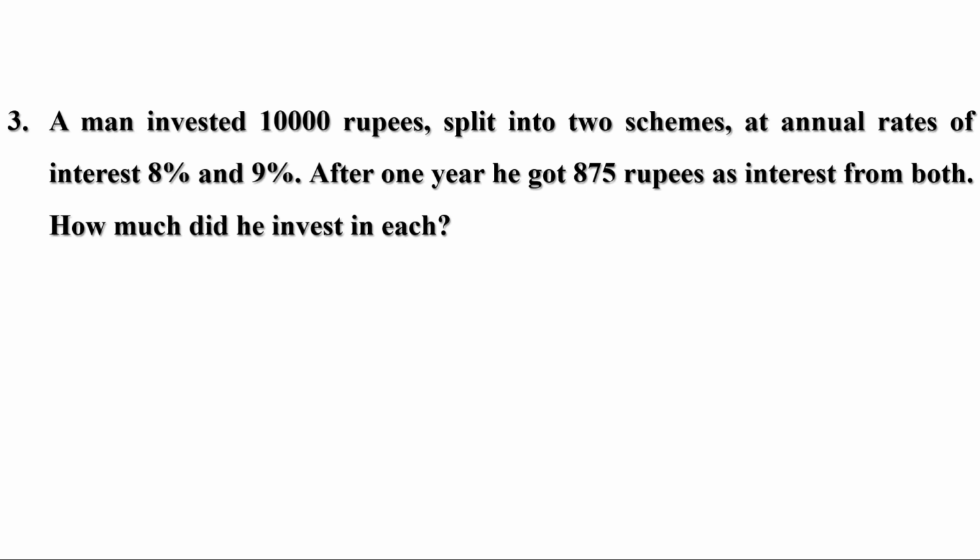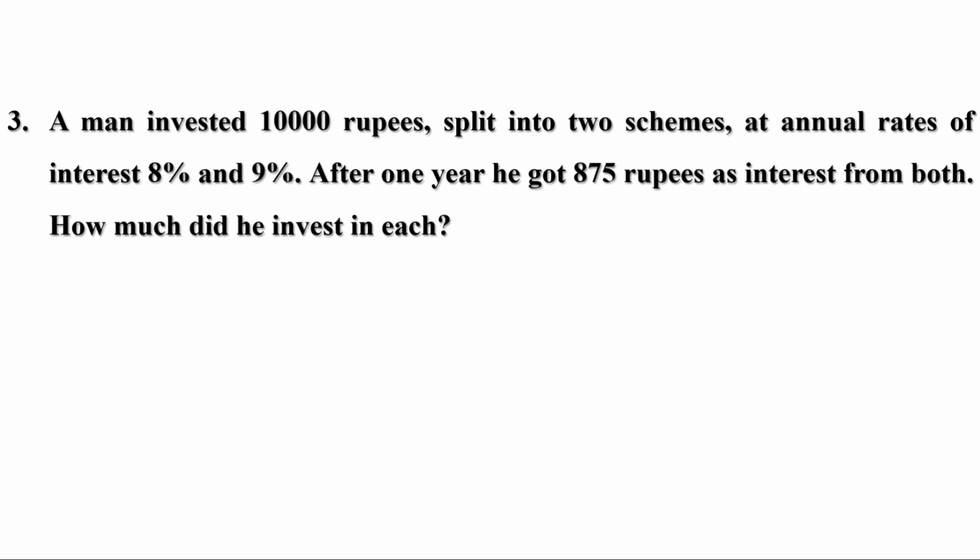It is 800 rupees. And the total interest he got is 75 more than the 8% of 10,000. That means that 75 rupees is for the 1% he got for one part. 1% is 75 rupees.